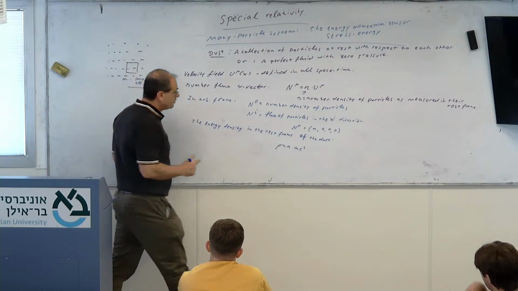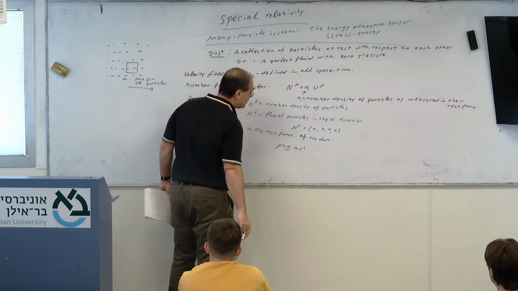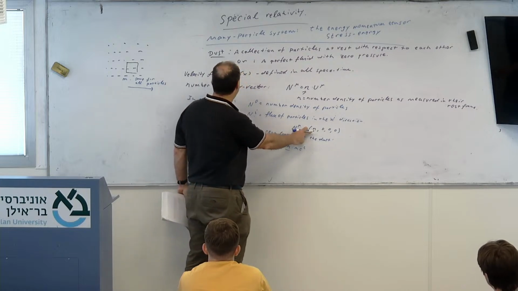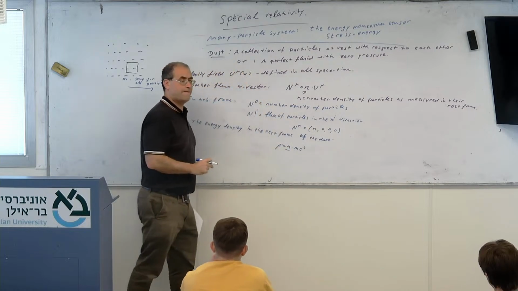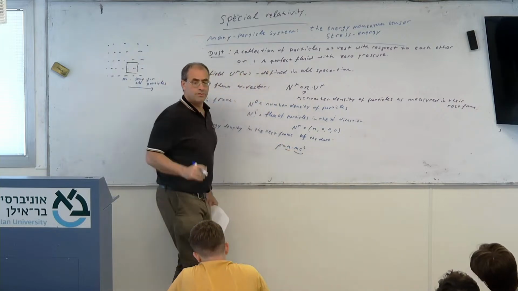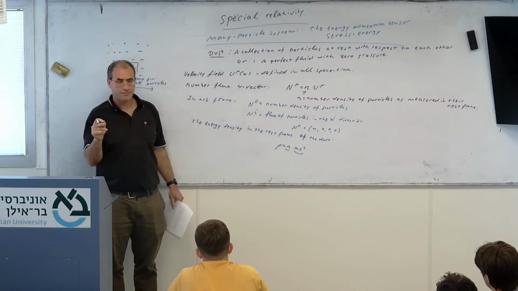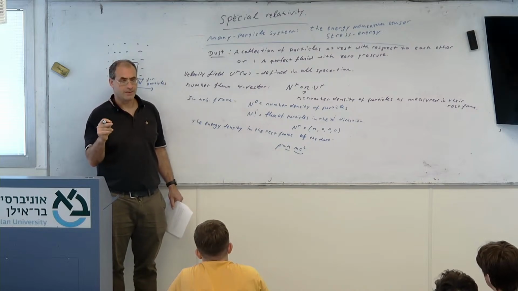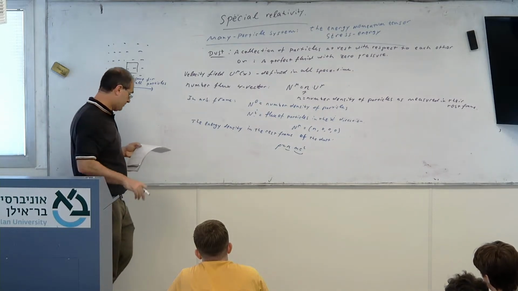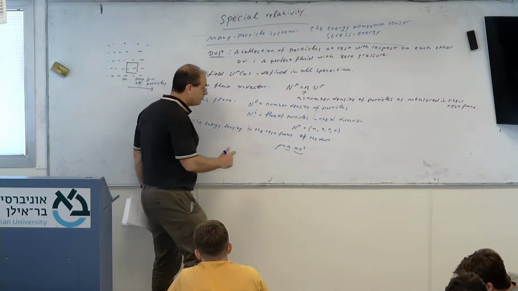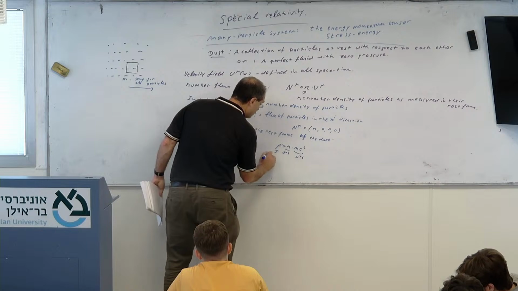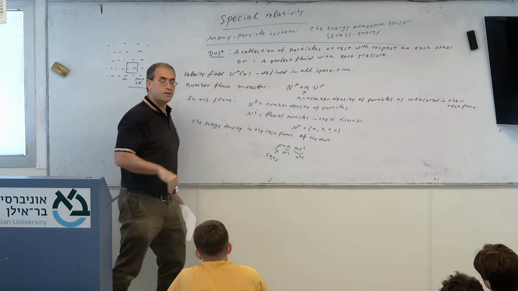So you can think of n as the zeroth component of the four-vector of the number flux, and m c squared as the zeroth component of the energy-momentum four-vector. So you can think of rho as the zeroth component of a more general tensor.